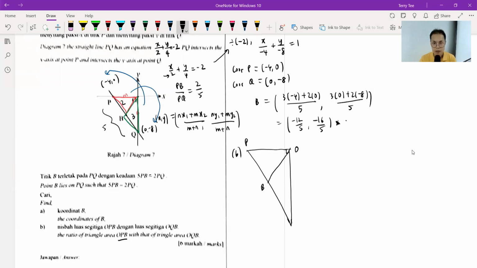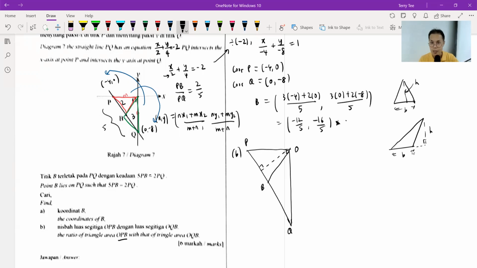This is B. This is Q. Now, we know area of a triangle can be calculated by using half times base times height. For example, your triangle can look like this, this is your base, this is your height. Your triangle can also be an obtuse angle triangle like this, where this is your base and your height falls outside.